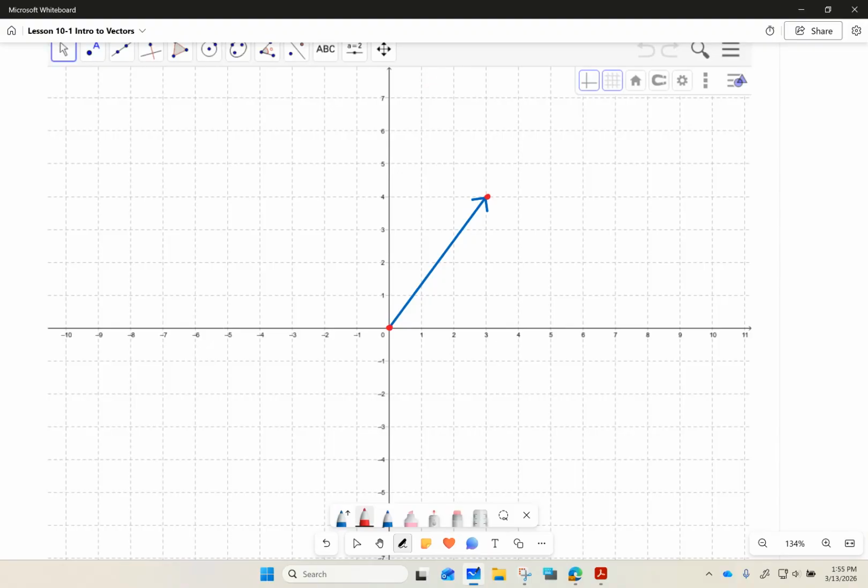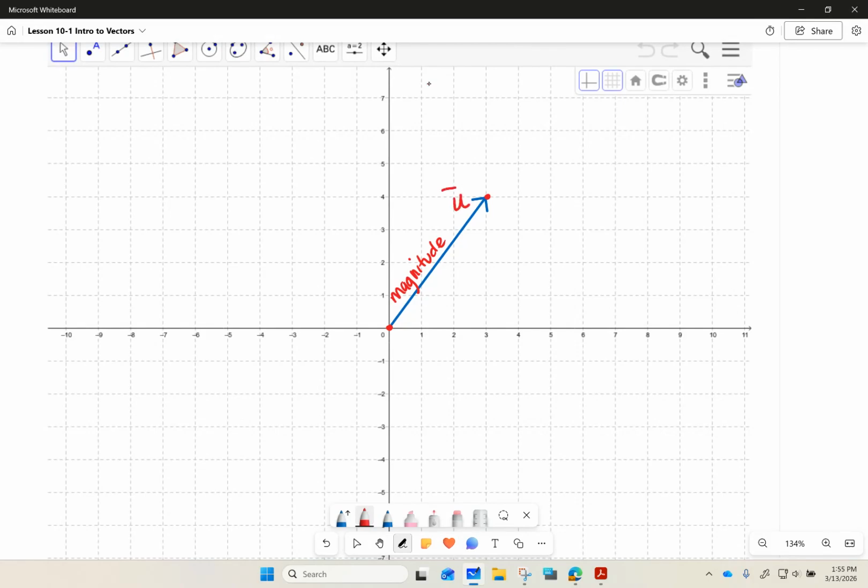So if I asked you for the magnitude of this vector, magnitude means the length, okay? Now, I'm going to talk about this a little bit later in your notes, but let's pretend that we are going to call this vector by the letter U, okay?